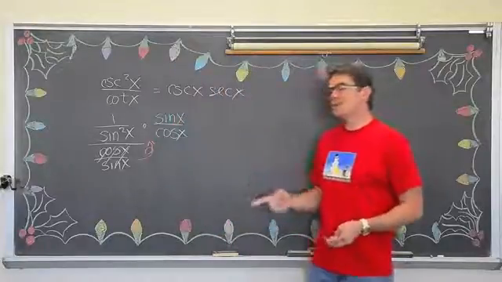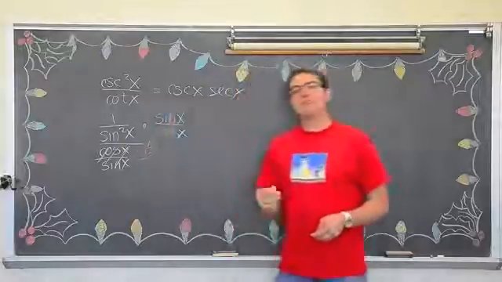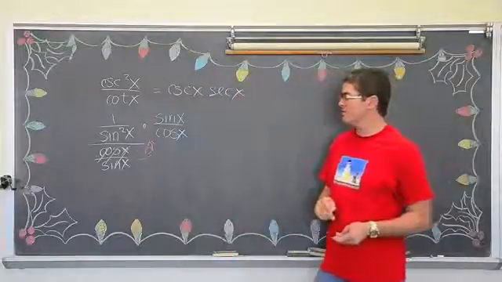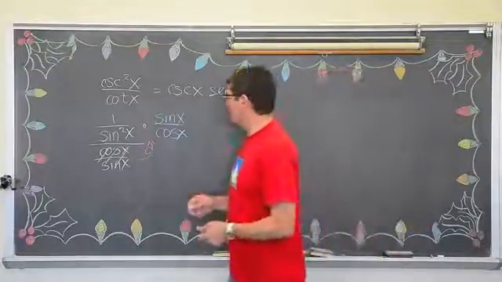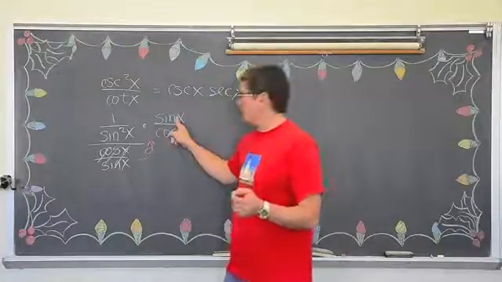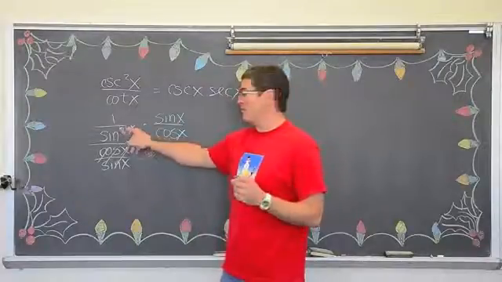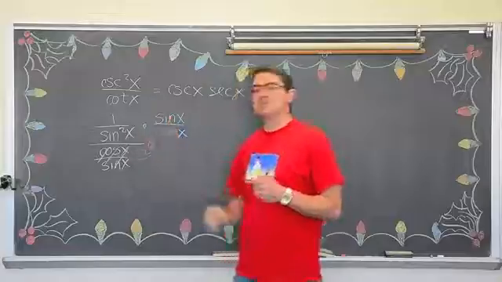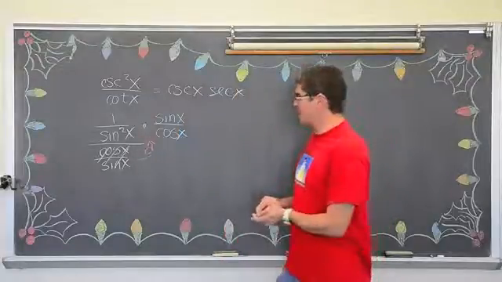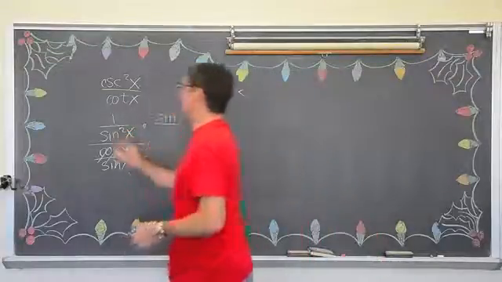Okay, well now you can cancel common factors. You cannot cancel out terms though. We have sine on top, and we have sine on the bottom. When you divide like bases, what do you do with those exponents? Or you might just be saying, come on, go ahead and just cancel those out.